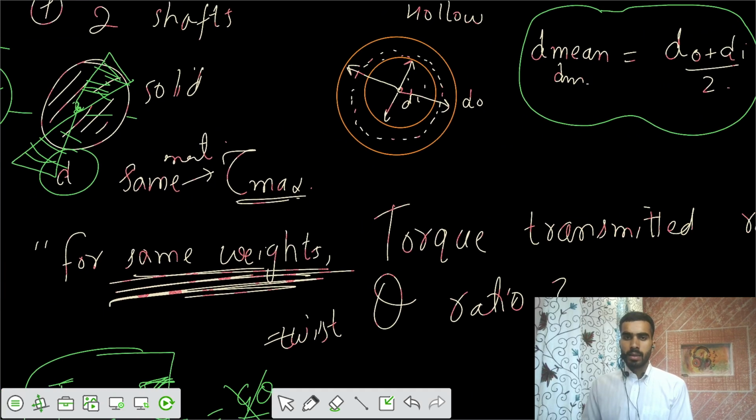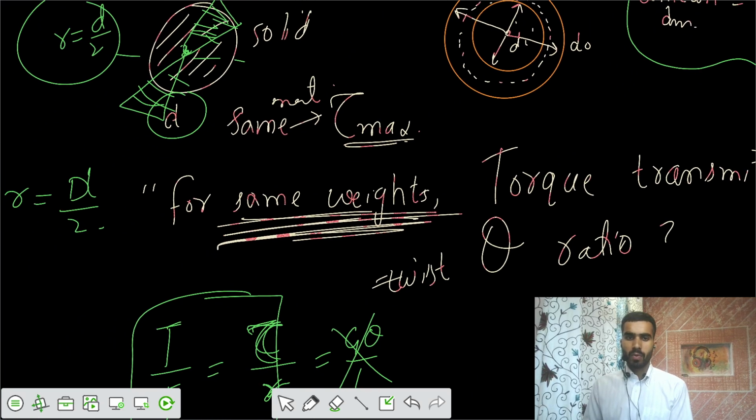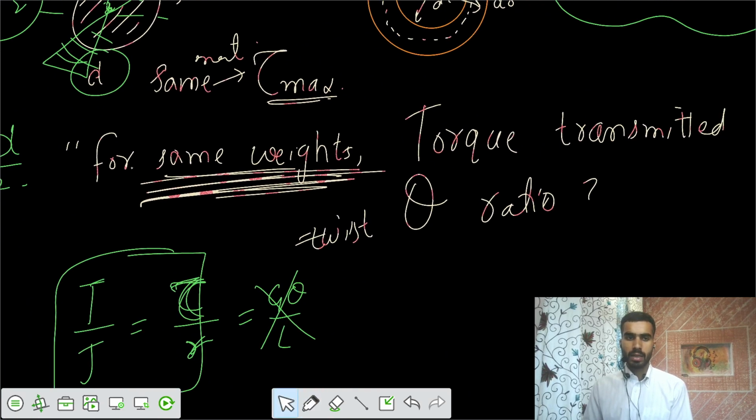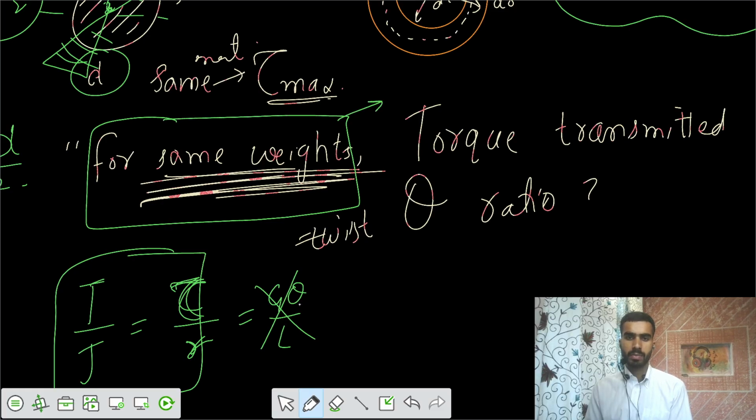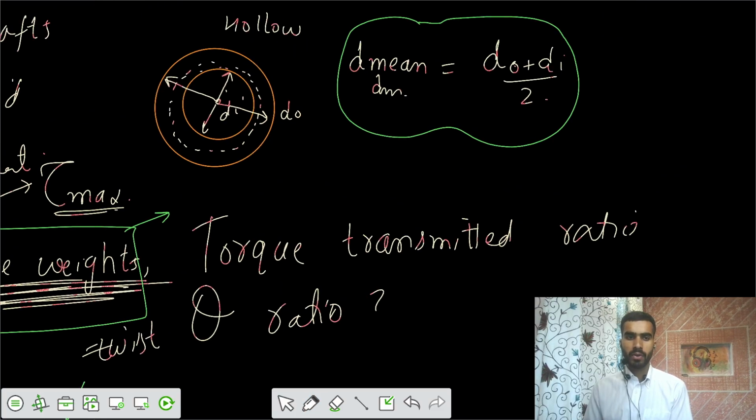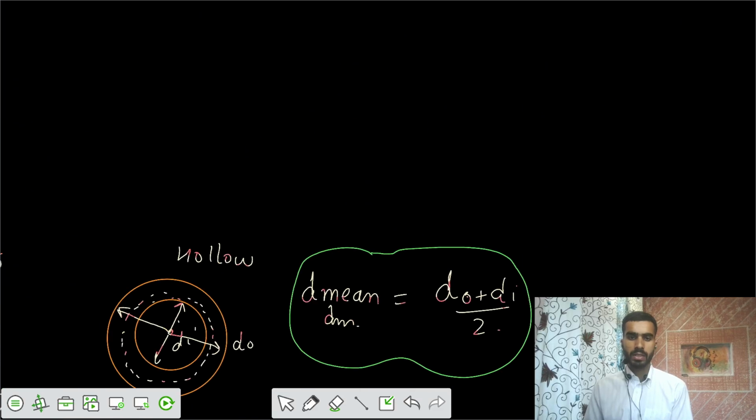And one more thing: for the same weight and the same material, we have to find the ratio of the torque transmitted. So if we have the same material and the same weight, weight equals gamma into volume, where gamma is weight by volume.